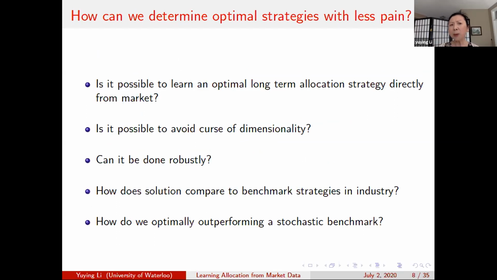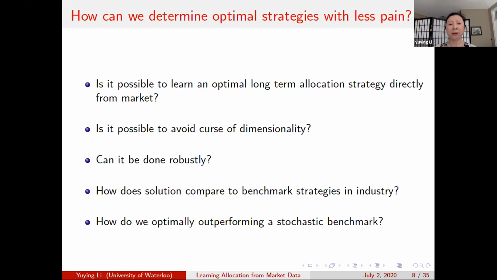Is it possible for us to take a learning approach, based on the fact that we have only a single sequence observation of the financial market? And then given that we are trying to take a learning approach, is it possible for us to do it in a way that avoids the curse of dimensionality? And can we do it robustly, right?